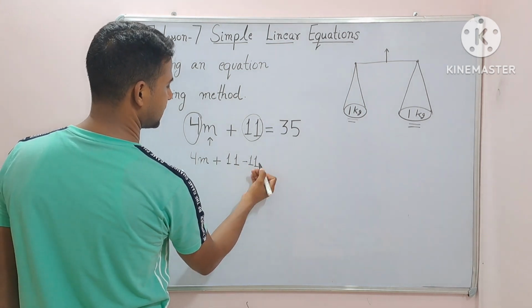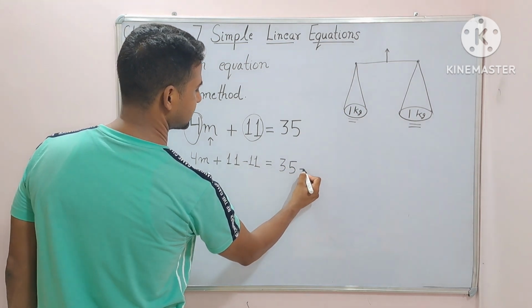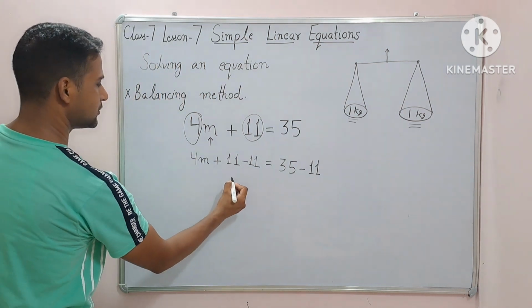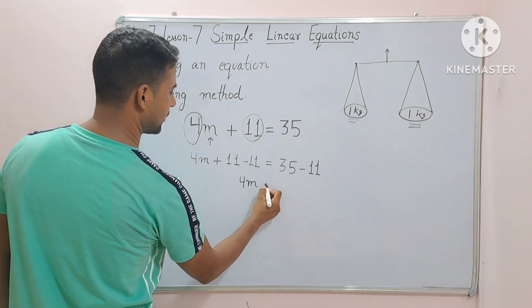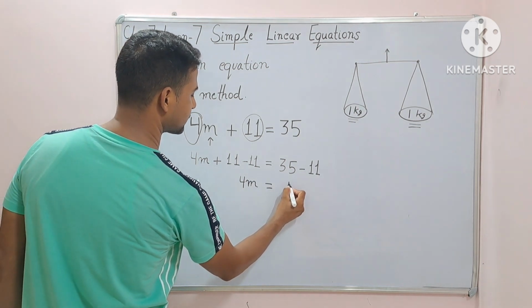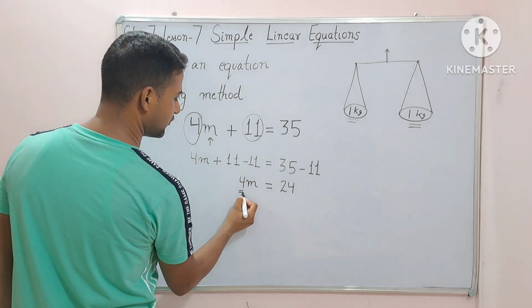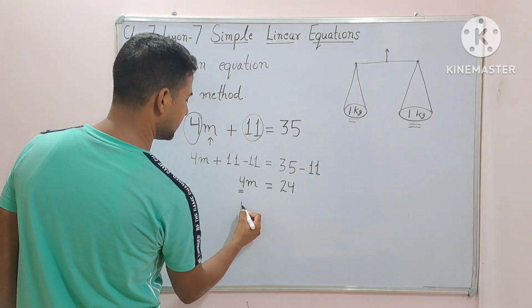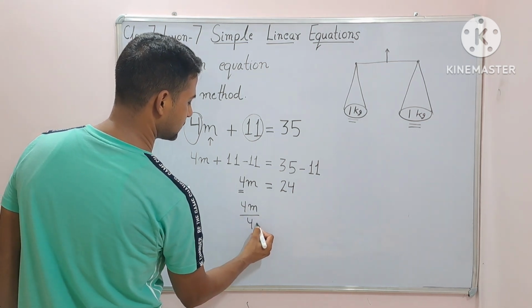The opposite of plus 11 is minus 11. To maintain the balance, we have to remove it from the right hand side also. This is 0. 4m is equal to 24. For removing this 4, which is multiplied by m, we have to divide it by 4.